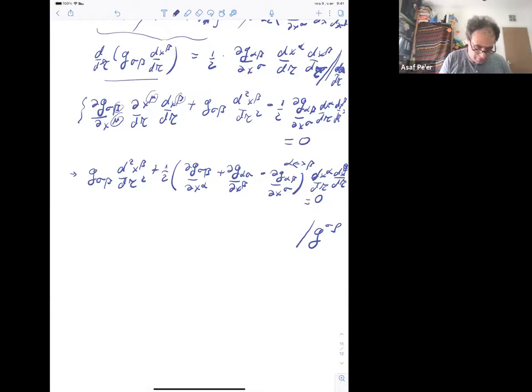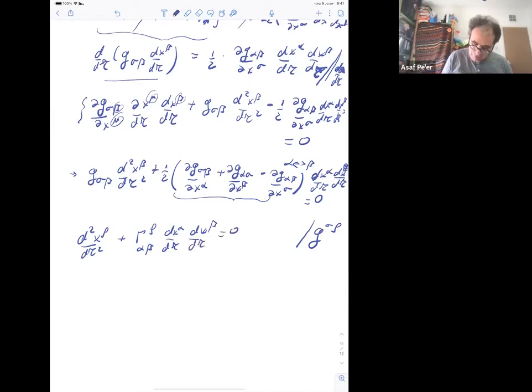Then I ended up here with d squared x rho over d tau squared, plus, of course, this is the gamma rho alpha beta dx alpha over d tau dx beta over d tau is equal to 0. Which, of course, not surprising at all, is the same equation that we derived previously.